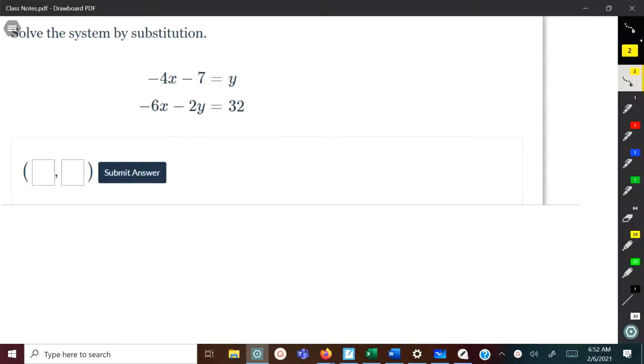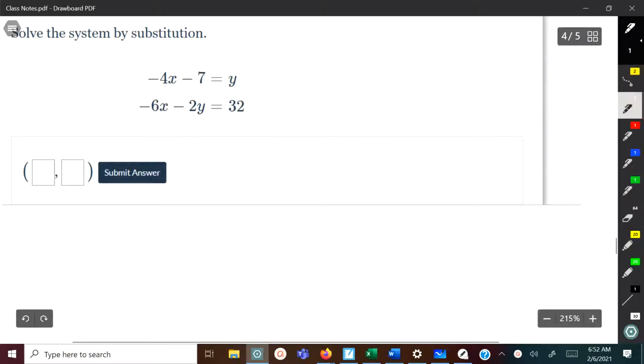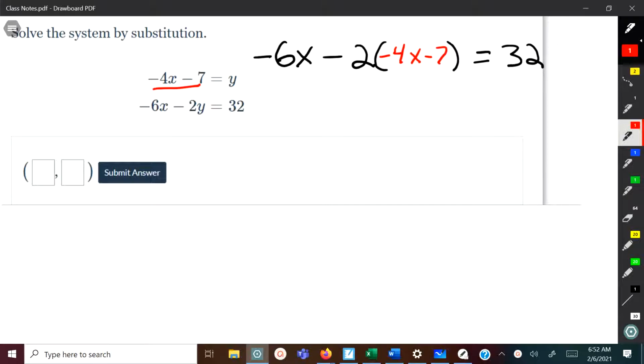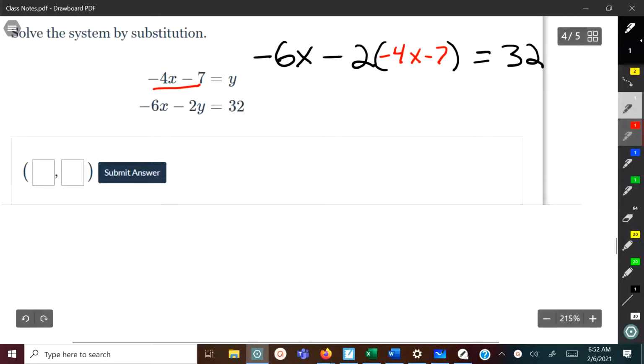So I've got negative 6x minus 2y. I'm going to put a space for the y, set it equal to 32, and then I'm going to plug this in here, negative 4x minus 7. And now my whole equation has nothing but x's in it, and I can solve it.